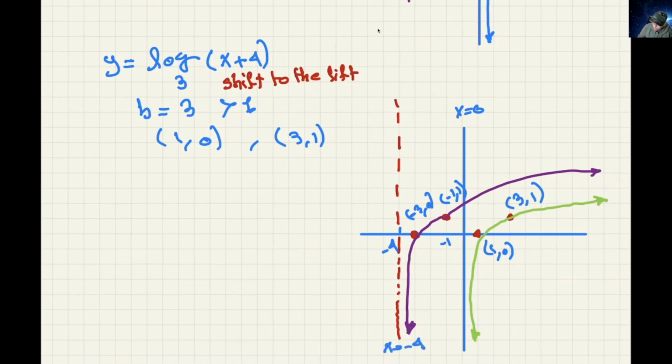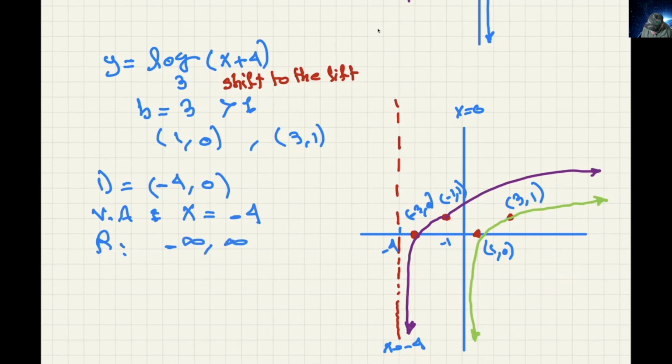The domain of the main one is from 0 to infinity. But here I shifted it to the left. So the domain of the transformed function is from -4 to infinity. And the vertical asymptote here is x equals -4. The range is the same, from -infinity to infinity.